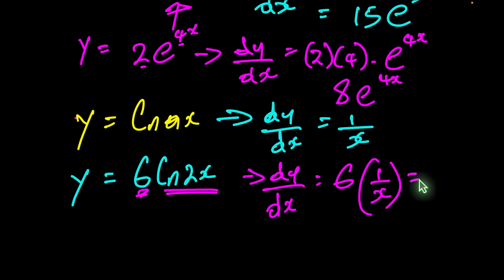And if we were to simplify it, then it just goes to 6 over x. And that's simply because if we didn't have that 6 as a coefficient, then when we differentiate this here, it doesn't matter what the coefficient right here is, it will still turn out to be just 1 over x. So that's why this is our final answer.